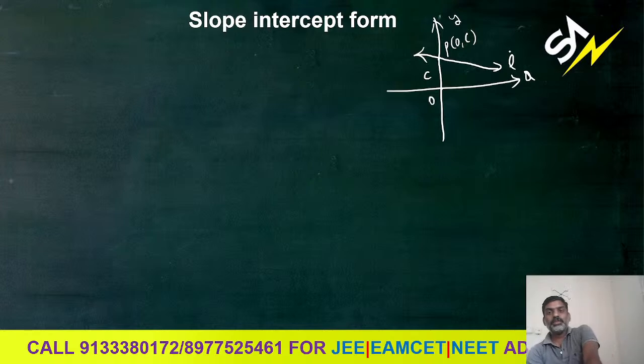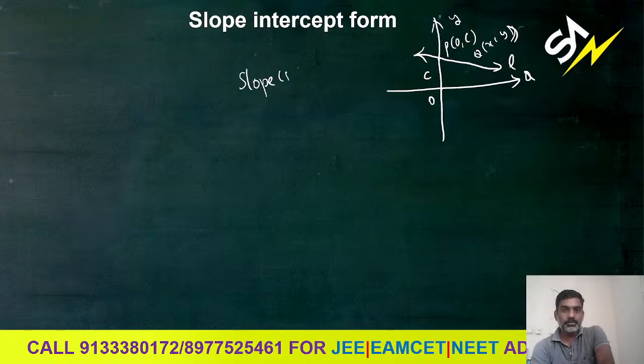And now if we need to calculate the equation, let us take any one more point on this line, say Q, x comma y. X comma y is a point Q, and then if we calculate the slope, m is equal to y2 minus y1 divided by x2 minus x1.